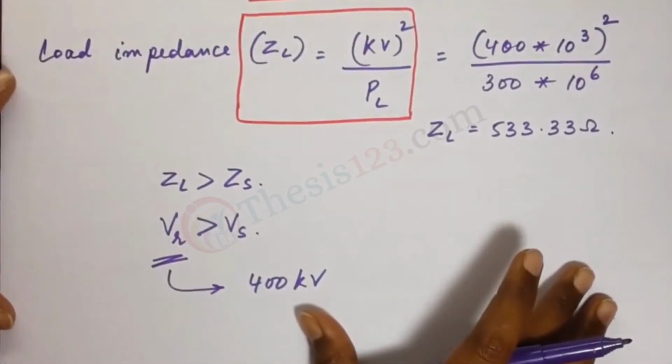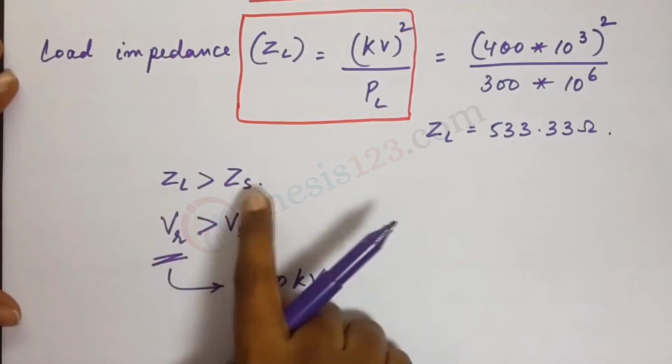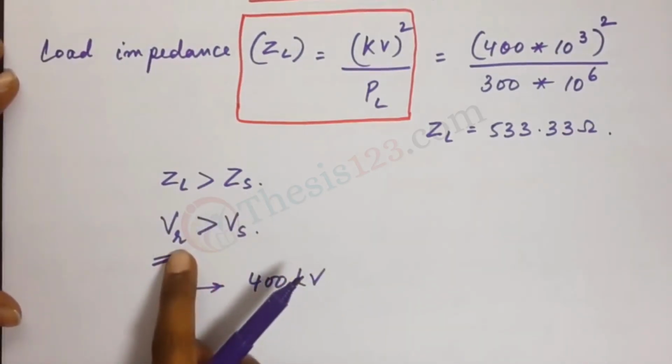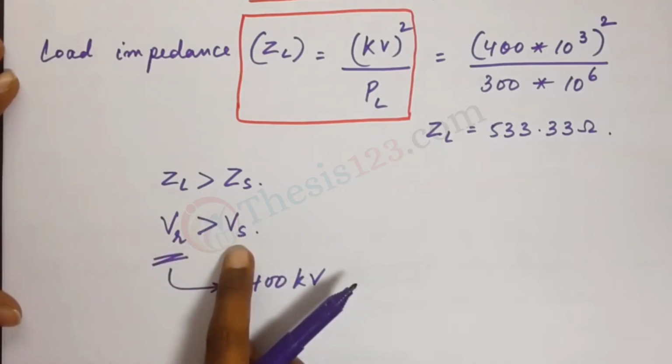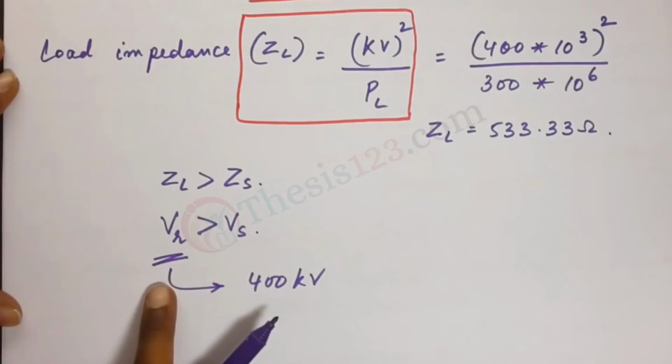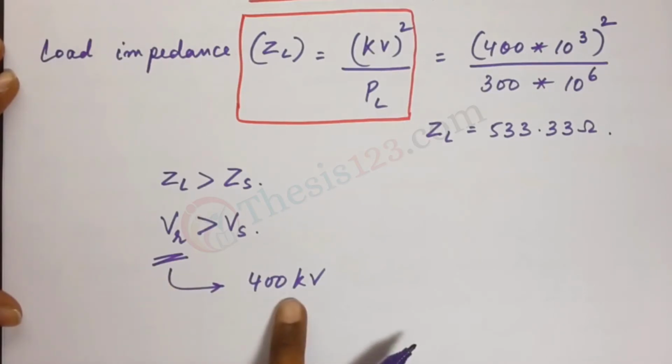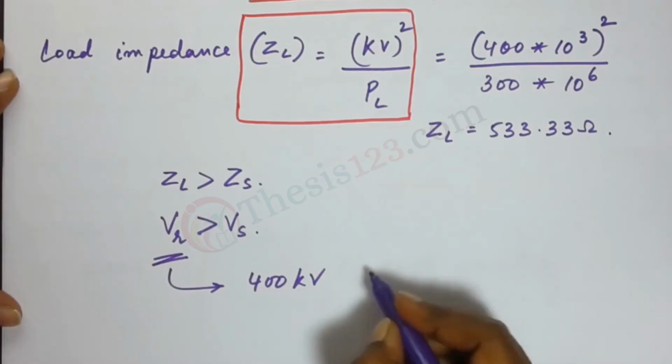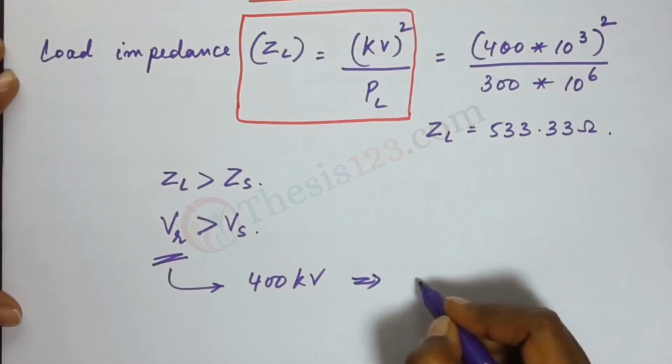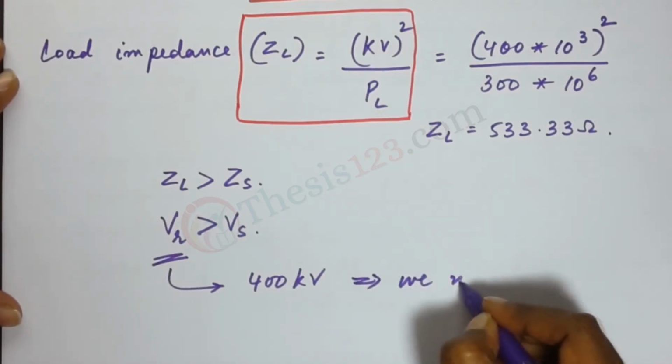Because the load impedance is greater than the surge impedance, the receiving end voltage is greater than the sending end voltage. So in order to keep the receiving end voltage at 400 kilovolts, as the question says, we would need an inductive compensation.